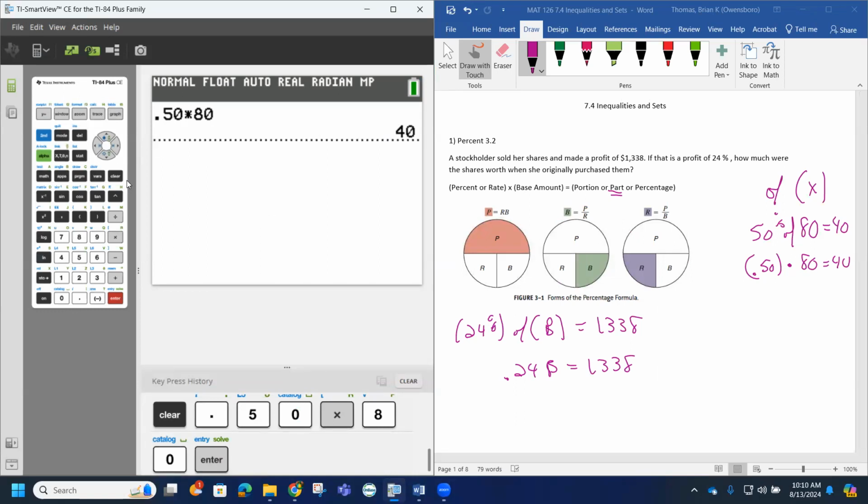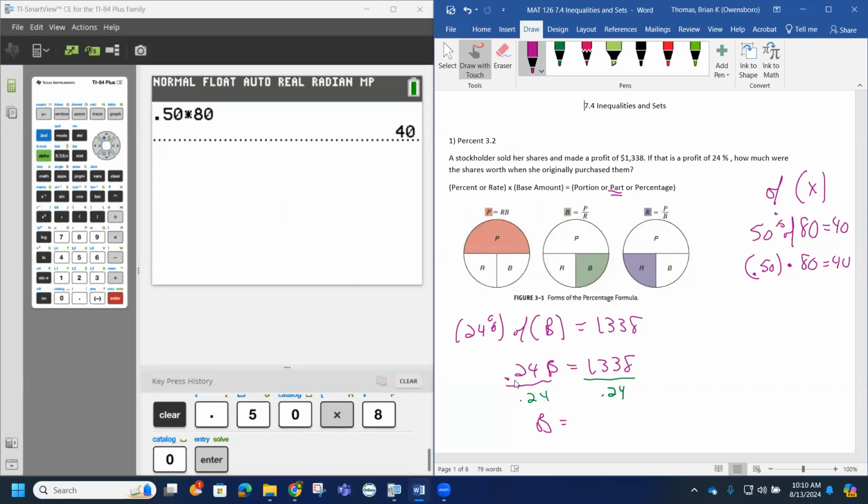To solve for b, I can divide both sides by 0.24 to make the coefficient equal to 1. So b, the base amount or the original amount, is going to be whatever this math is.